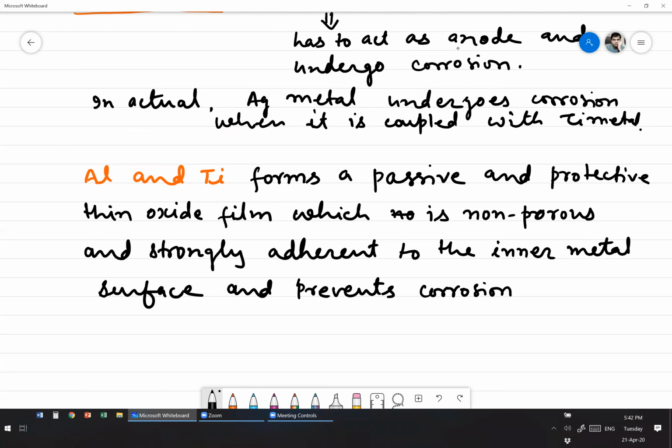So now I hope it is clear why aluminum and titanium don't undergo corrosion when they are coupled with the metals which have a lower standard reduction potential.